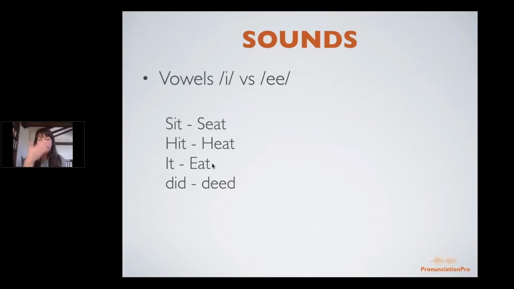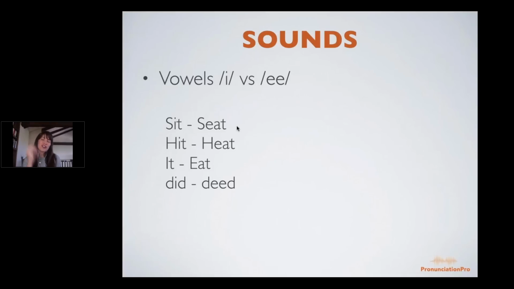All right, next one. It. You said the first one. Good. So it, eat. It, eat. All right, and our last one, deed. The second one. Good. So I said deed. So contrast, did, deed. Did, deed.